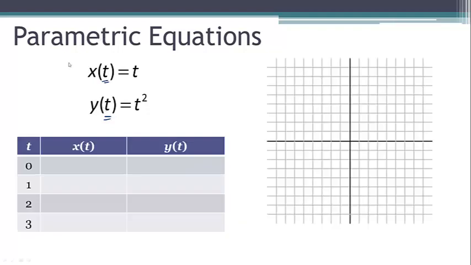So if t equals 0, then x of t equals 0, and y of t also equals 0. If t equals 1, then x of t is 1, and again, y of t equals 1.